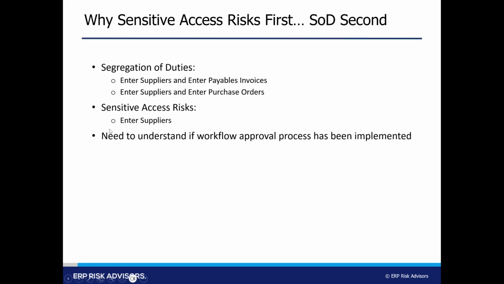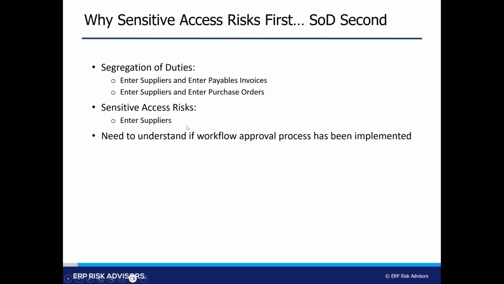So we would say look at the master data in particular first, and resolve whether the access controls within that process are properly defined. We look at sensitive access risks first, and if there's inappropriate access to suppliers, resolve those things. Then we look at the combination: enter suppliers and enter payables invoices, or enter suppliers and purchase orders.